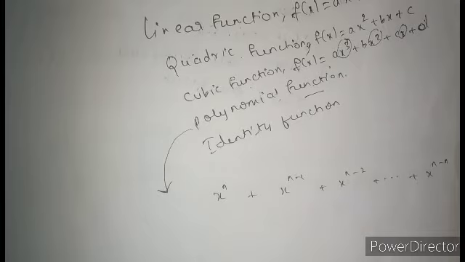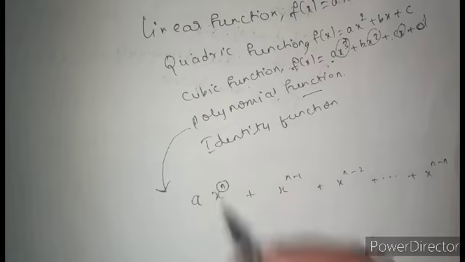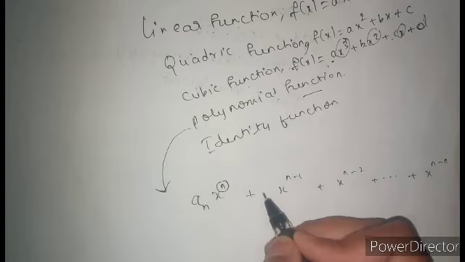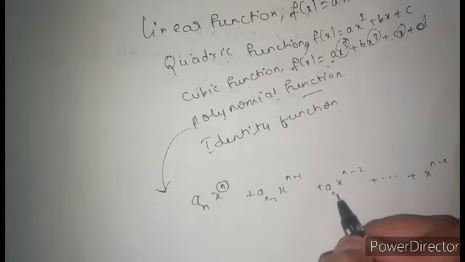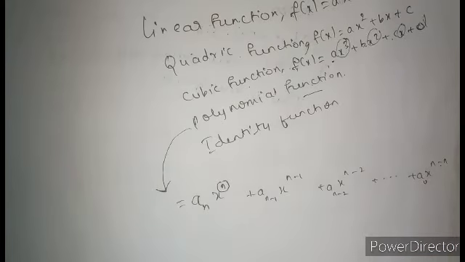Now a, b, c, d are constants or real numbers, okay? So I am writing the first constant as a subscript n, then a subscript n minus 1, a subscript n minus 2, and for n minus n, which means 0, write a subscript 0. So this is a polynomial function. This is how we write a polynomial function, a function whose highest power is n, okay?